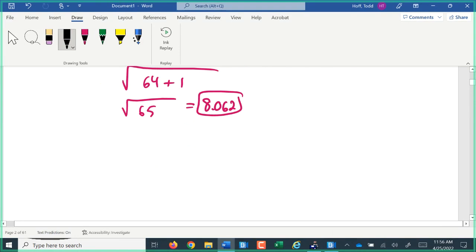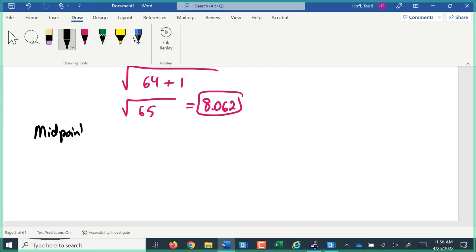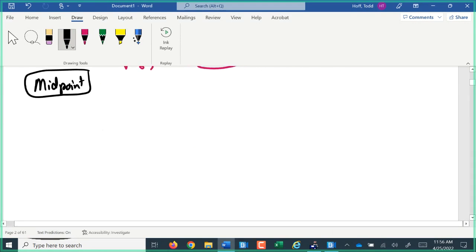The final algebraic formula that's important to us is finding the midpoint. If you were to go on and take a calculus class, finding midpoint's very important. The midpoint, as average displacement and average movement and stuff like that, is a big deal.